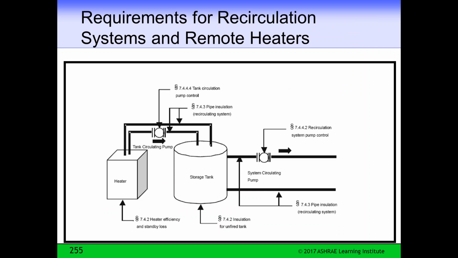Now, in service water heating, we pretty much have some regulation on every piece of it. Here is a service water heating system with a boiler or a heater and a separate storage tank. For the heater, we have the efficiency tables that we'll look at and standby losses. For all the piping in the system, we have the insulation requirements. We have control requirements for the circulating pump, and we have insulation requirements for the unfired storage tank.